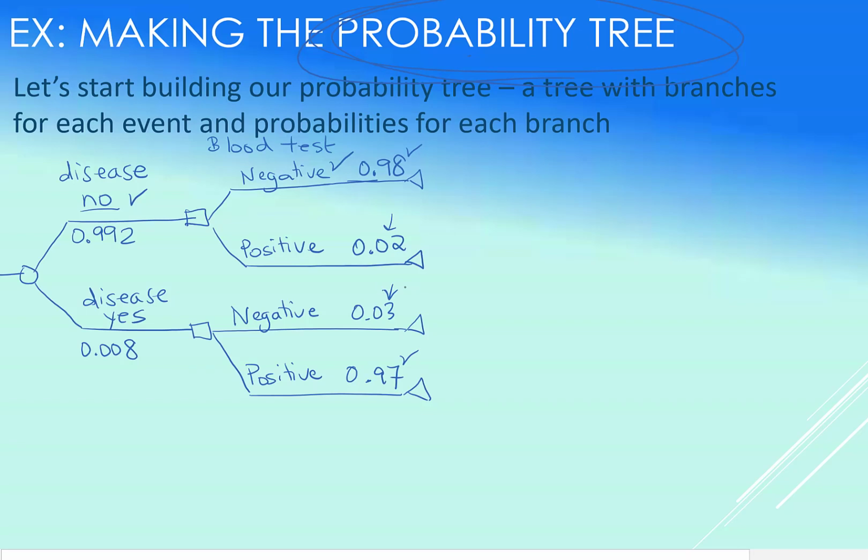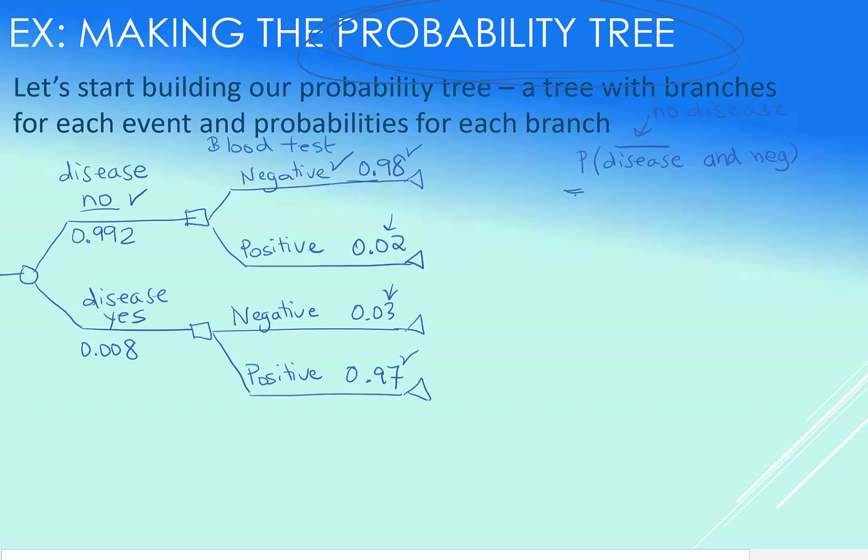Now, moving on, what I really like to get from here, which makes Bayes' rule a lot easier to do, is to get the probability of the ands. The probability of no disease, which I like to notate with a little bar over top. That means the complement, or that means no disease. So probability of no disease and negative.